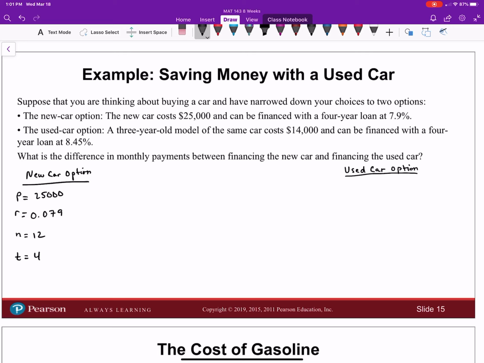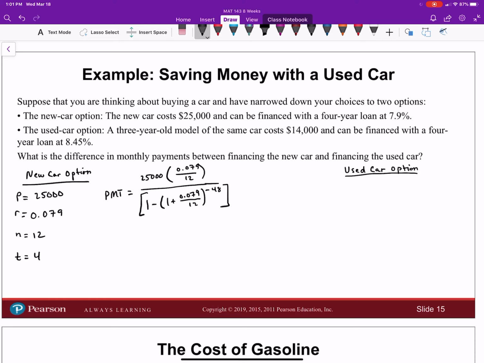So let's go ahead and plug this in. So we have PMT is equal to 25,000 times 0.079 over 12, all over, bracket 1 minus, parentheses 1 plus 0.079, all over 12, raised to the negative n times t, which would be 48.